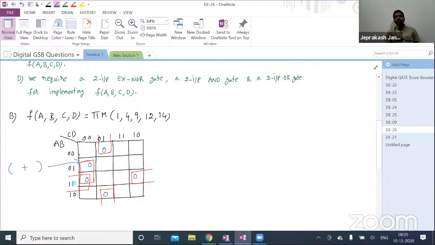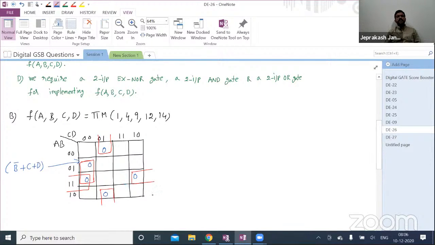Yes, B bar plus C plus D. Yes, very good, Michael. See, when you do the grouping of these 2 zeros, C value, D value remains 0. That means C plus D normal form. Row wise, B value 1, that means B bar. Right? That means B bar plus C plus D.